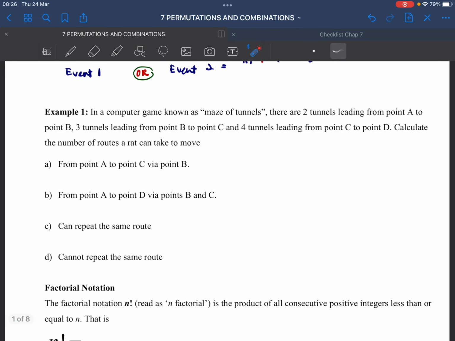So here we have, in a computer game known as Maze of Tunnels, there are 2 tunnels leading from point A to point B. So what we have here is from point A to point B, we have two ways.